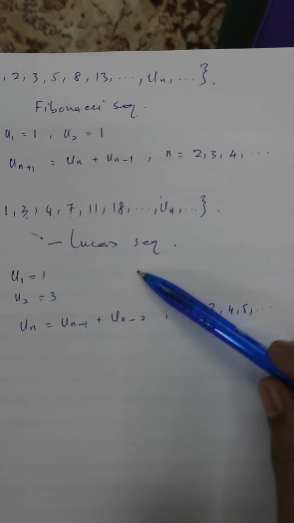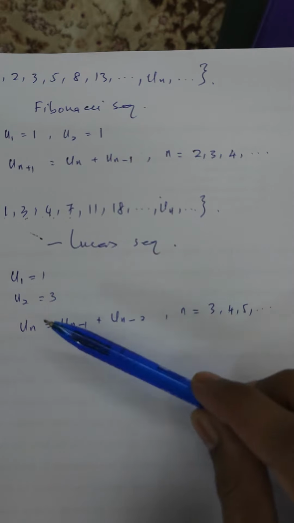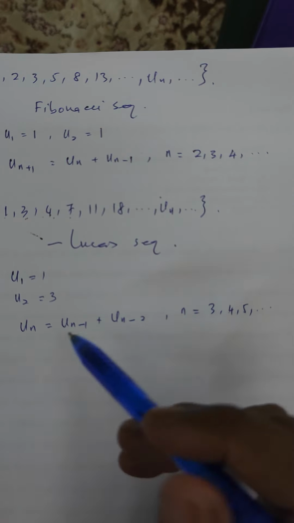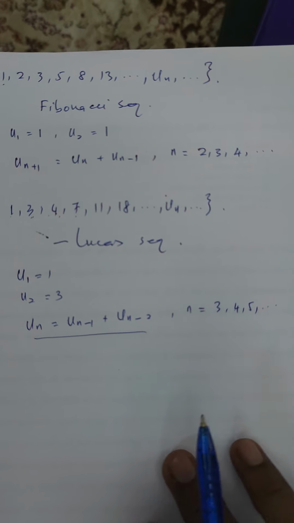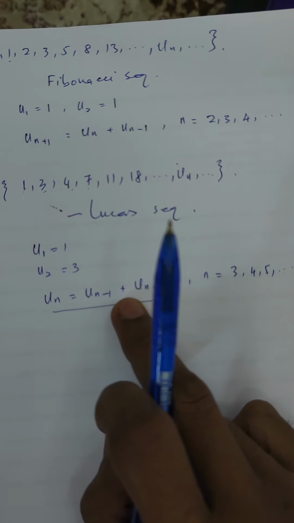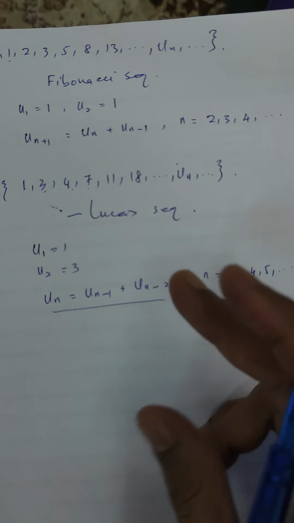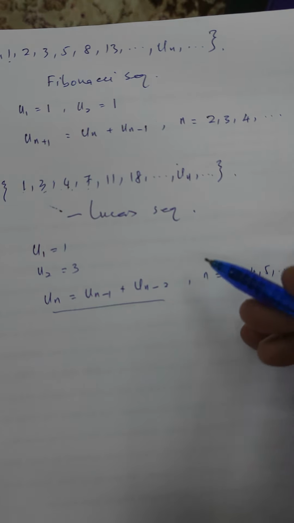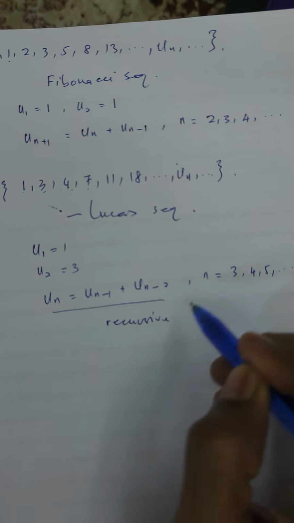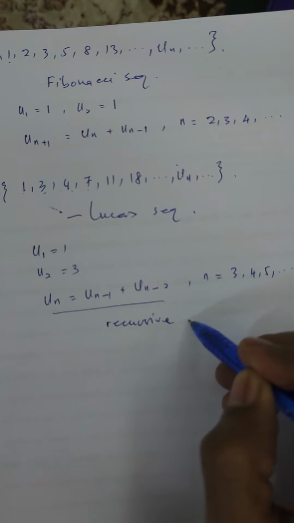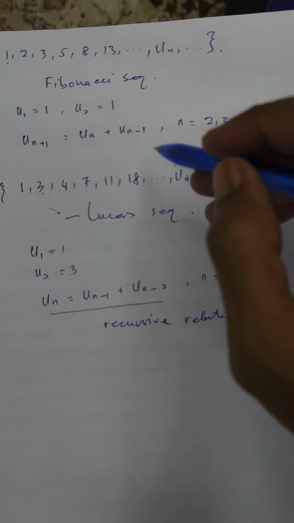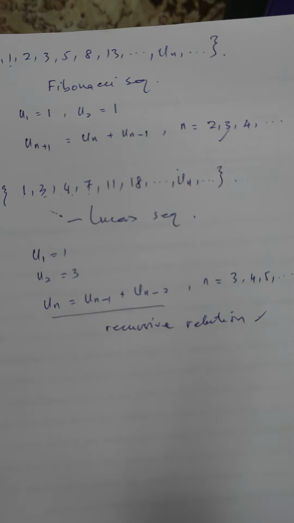So this is our n terms given. From this recursive relation, we call it a recursive relation, the same as with the Fibonacci sequence.